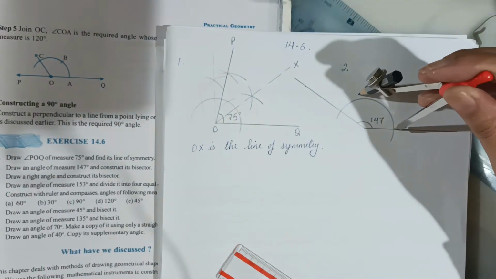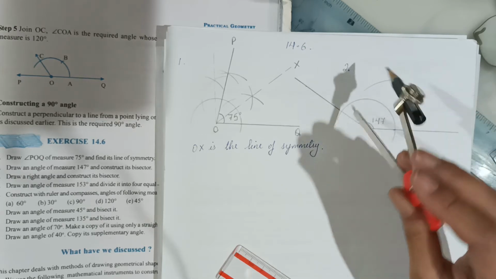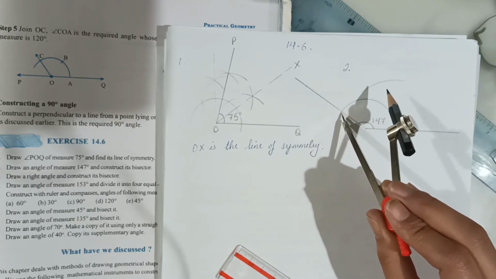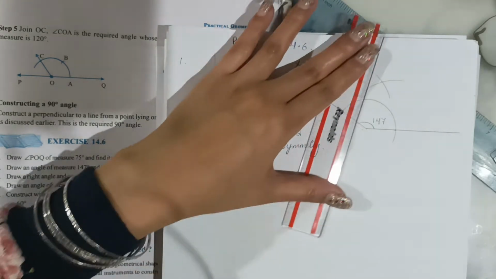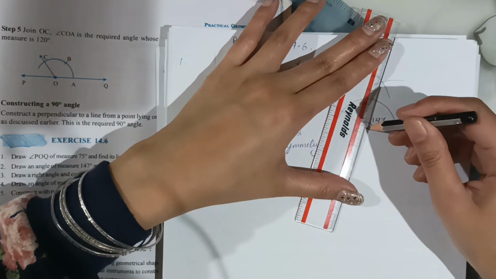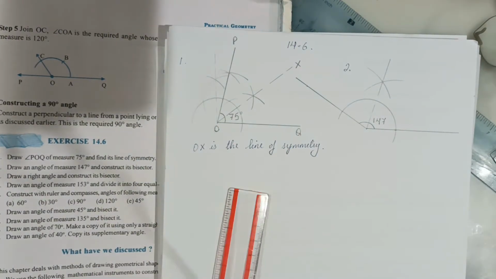Now I will draw an arc upside from the other line, and again from the other line I will cut that arc, so I have the bisector of 147. This is the required line.